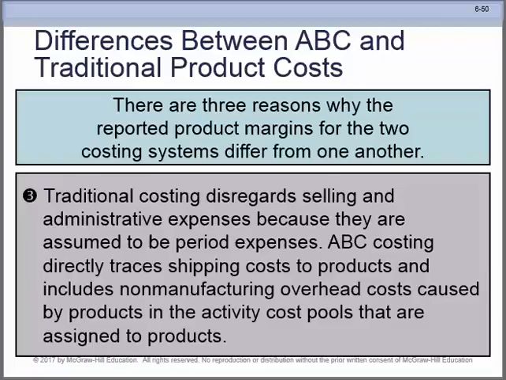And as we discussed in the last chapter, not all administrative and selling expenses are period. Some of them can be associated specifically with a product, like salesman's commissions or whatever. ABC costing directly traces shipping to products and includes non-manufacturing overhead costs caused by products in the activity pools and assigns them to the products.